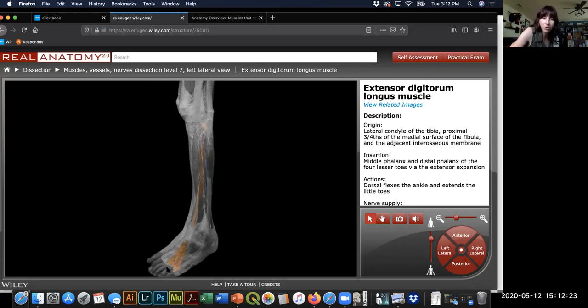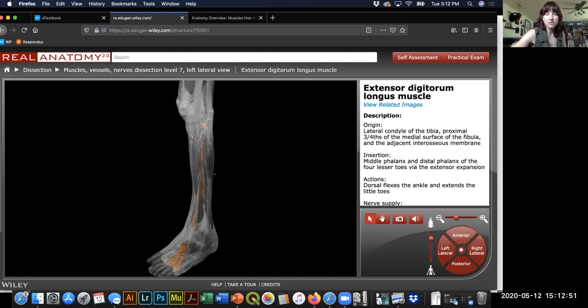See how it extends all the way down to your toes? You're pulling this muscle like that, and it's pulling all of your toes towards itself, towards your knee, where that guy is going to be contracting right there, okay?